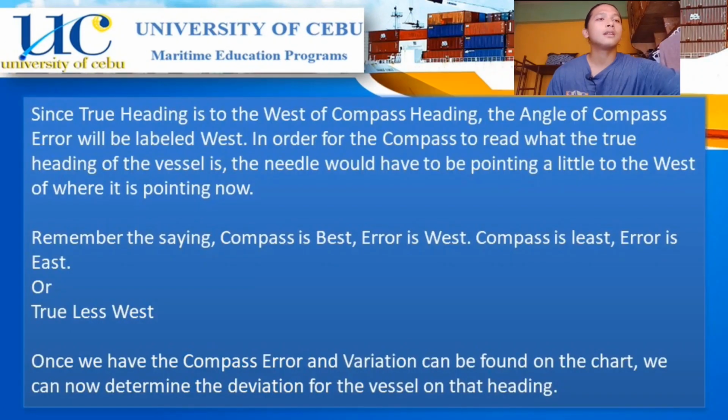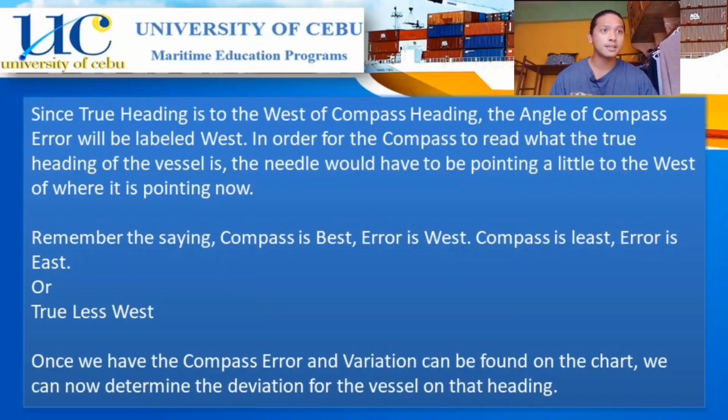Since the true heading is west of the compass heading, the compass error will be labeled west. In order for the gyro compass to read the true heading of the vessel, the needle would have to be pointing a little to the west of where it is pointing now.